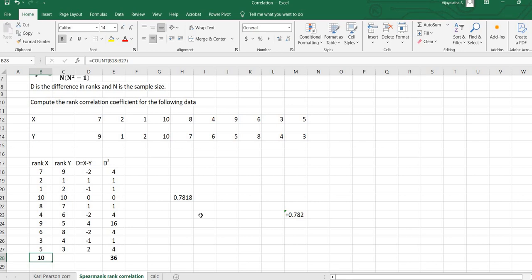Now we have to substitute it in the formula to get the answer. So we can put is equal to 1 minus, and we start with a bracket because the whole term has to be subtracted from 1. Then for the numerator, 6 sigma d square, which is 6 into 36, divided by, as I already told you, we open another bracket for the denominator and put n cubed minus n directly.